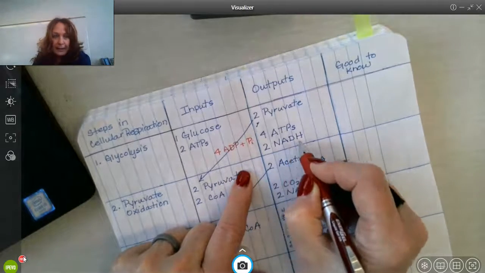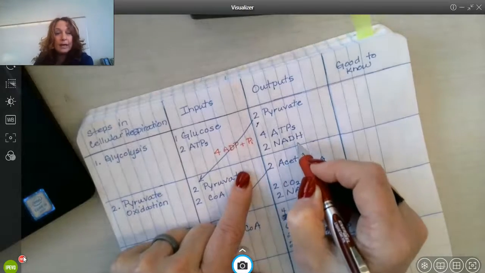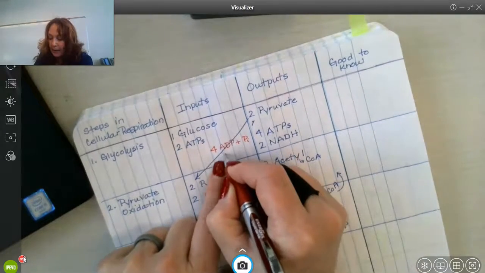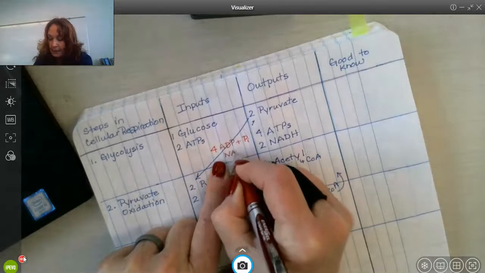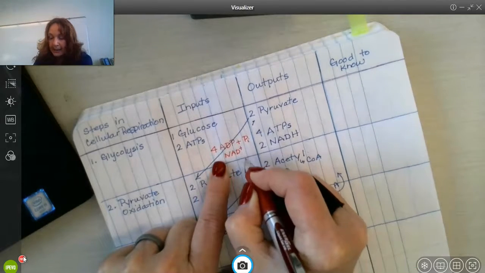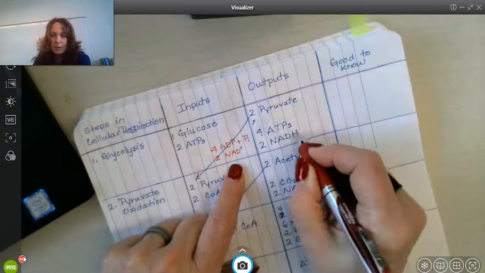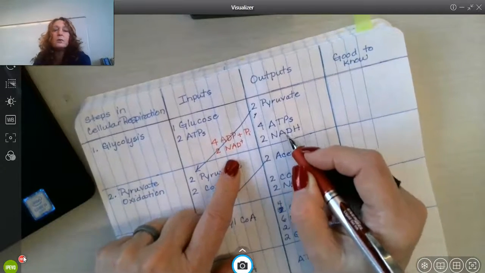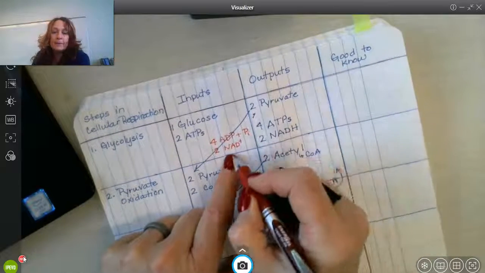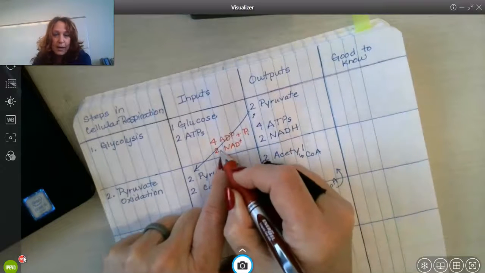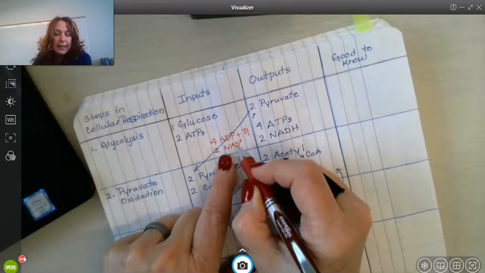How did we make NADH? What would we have to have in order to make NADH? You have to have the empties, which are NAD. You'd have to have 2 of those. We don't always put hydrogen ions. They're very available. But in order to actually get NADH, you have to use NAD.